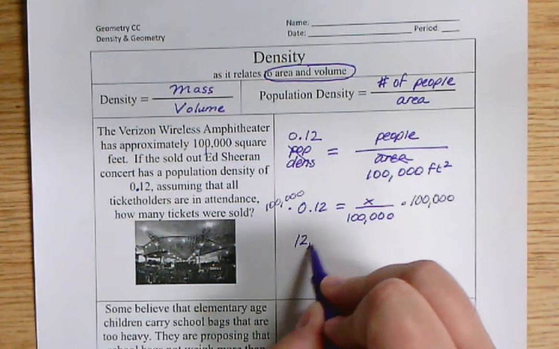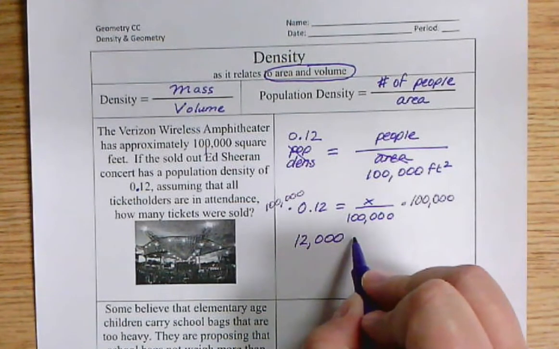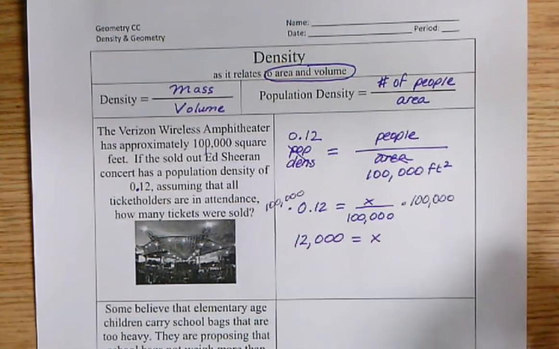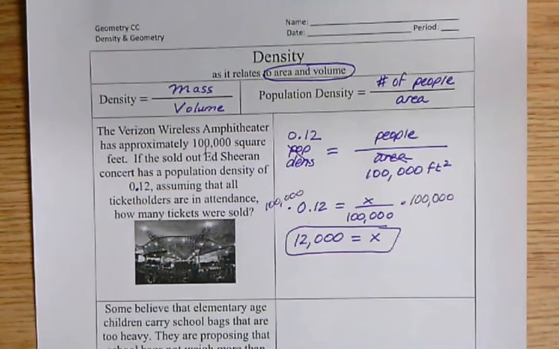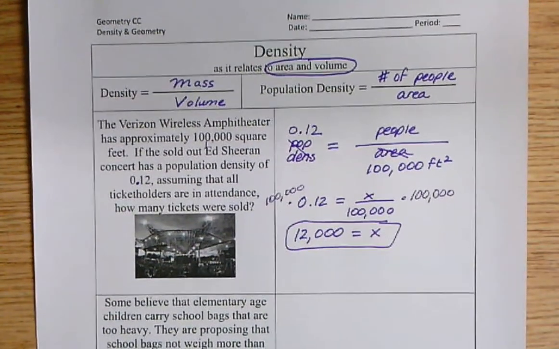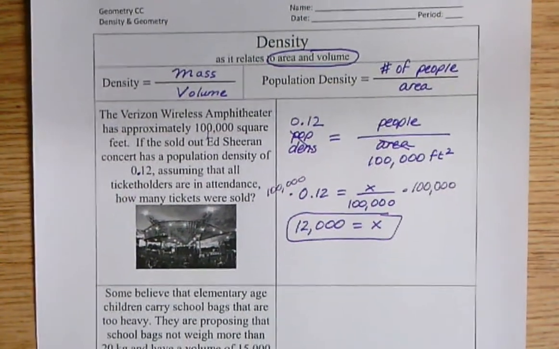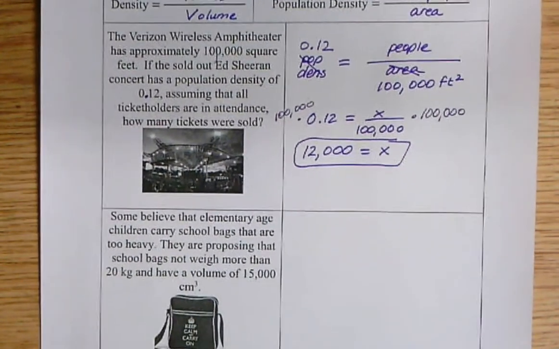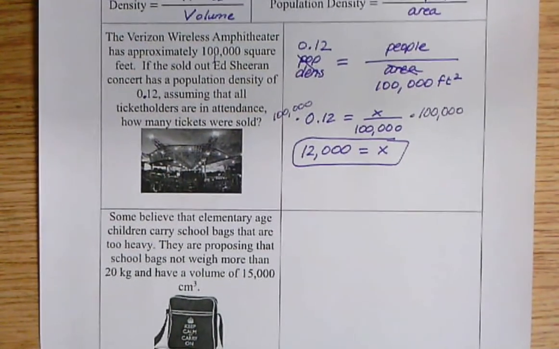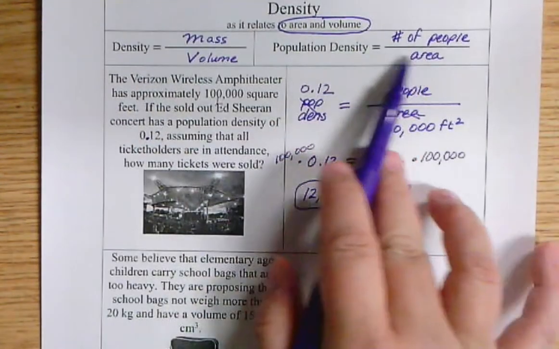That's going to be 12,000 equals x. So 12,000 tickets were sold. We have 12,000 ticket holders in the space, assuming everybody showed up. All right, so that one wasn't asking me the population density, it was giving me the population density, and I had to use this to work backwards.